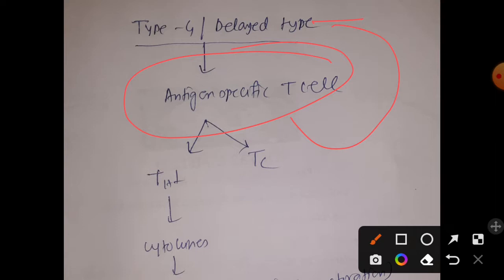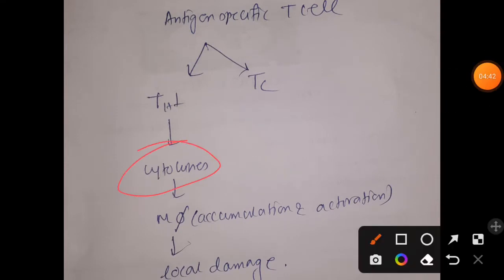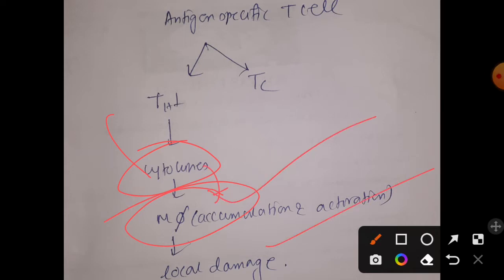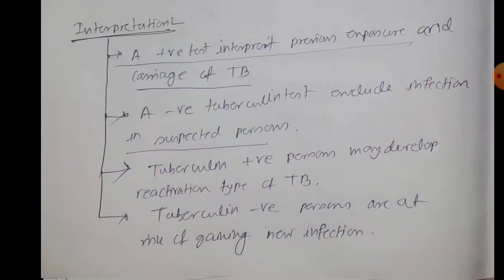So Th1 and Tc cells, Th1 being predominant here, will release cytokines after being activated. Then the cytokines will activate and accumulate macrophages and lead to local damage. So that is the type 4 delayed type hypersensitivity reaction.